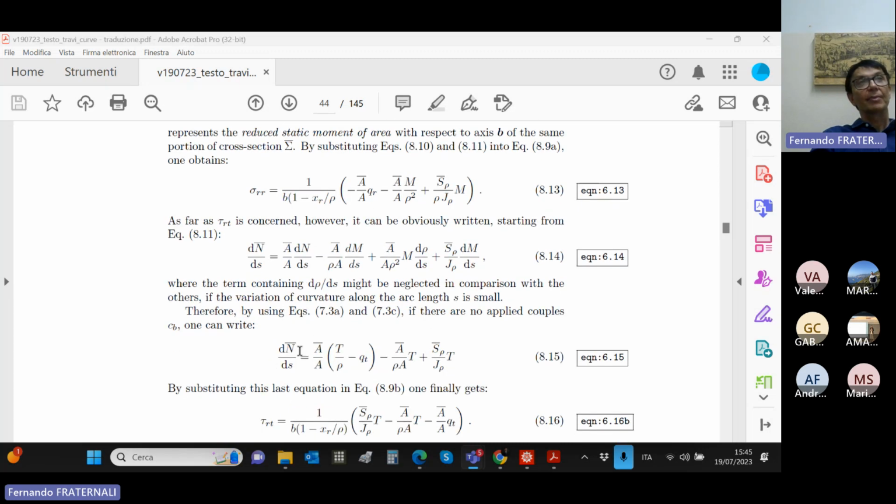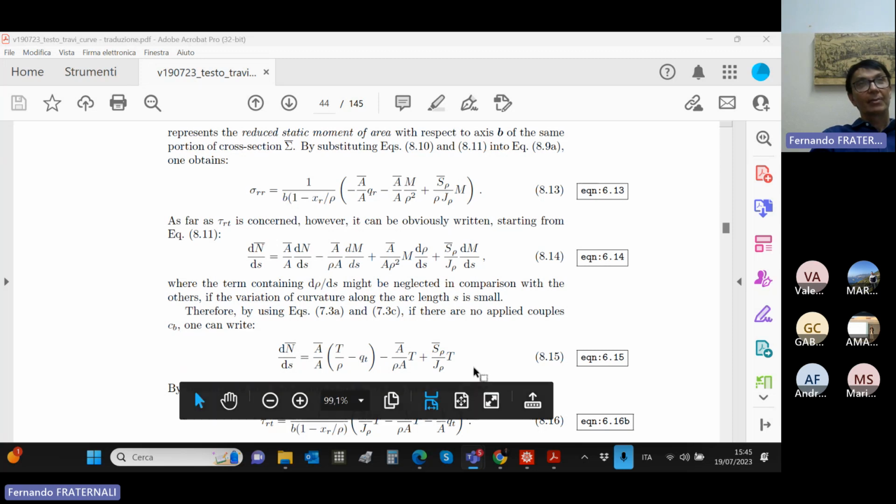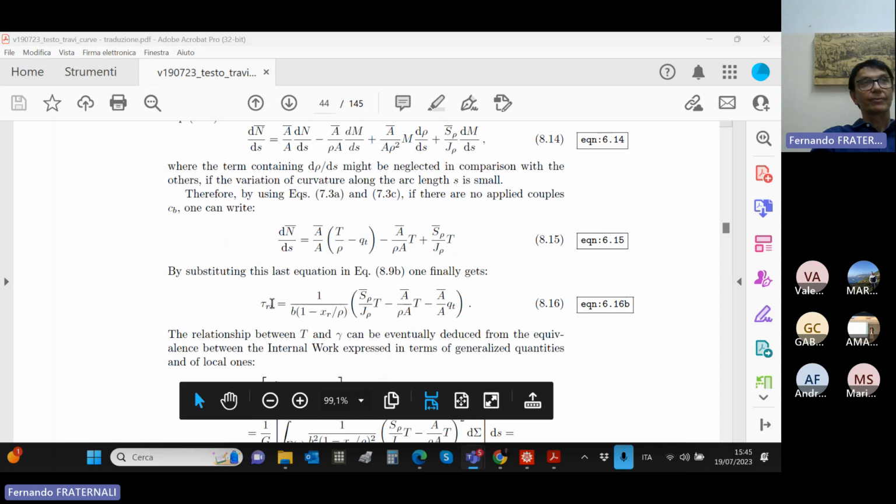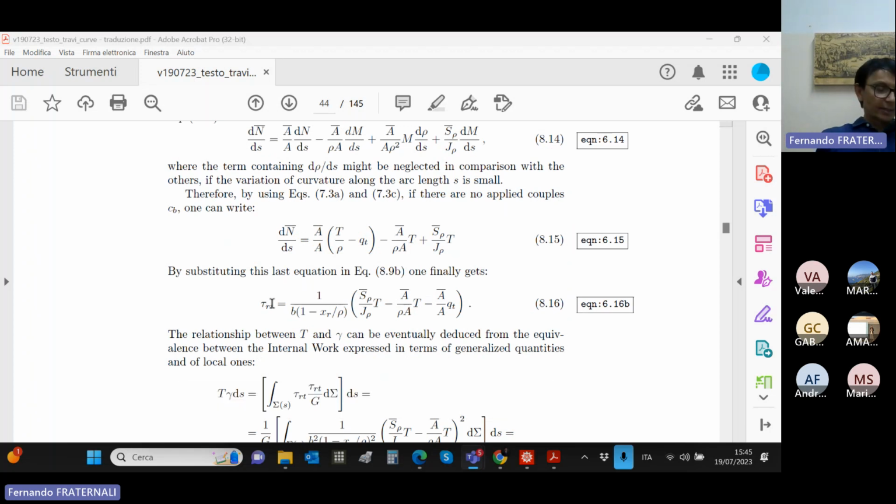So dN bar over ds becomes this expression, and finally the expression, which is the generalized Jourawski formula for the curved beam, is tau equal to 1 over b times J s bar over Jt.